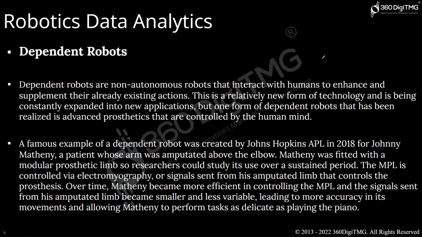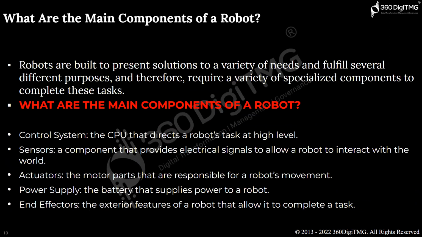Moving on, we have seen dependent robots. Now we are going to see what the main components are. Robots are built to present solutions to a variety of needs and fulfill several different purposes, and therefore require a variety of specialized components to complete these tasks.